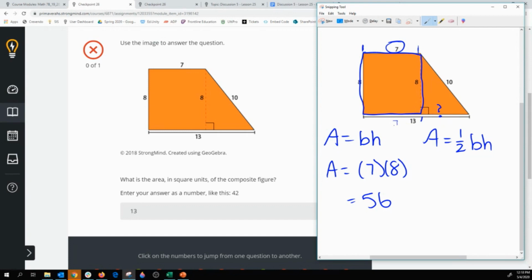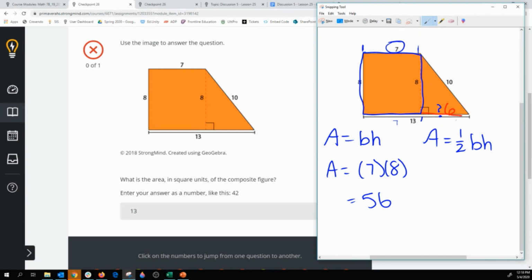I'd have to have 7 plus some number, which would equal 13. So 7 plus what number would give me 13? 6, perfect, yep.